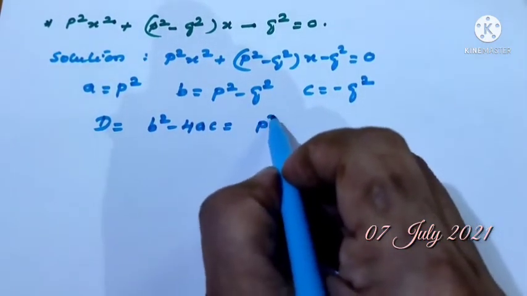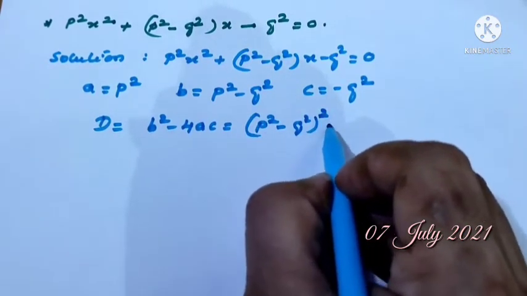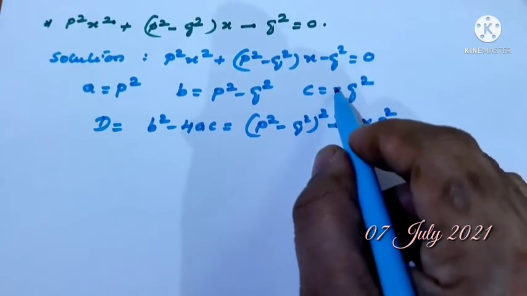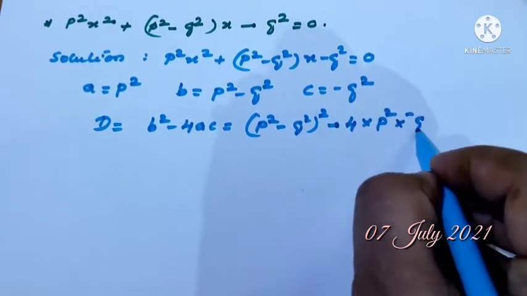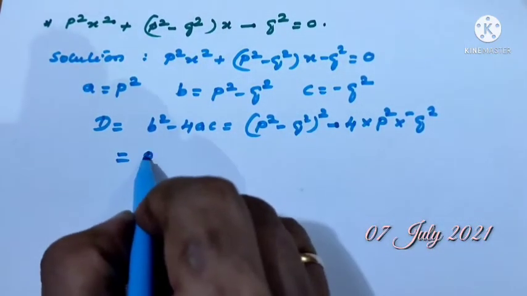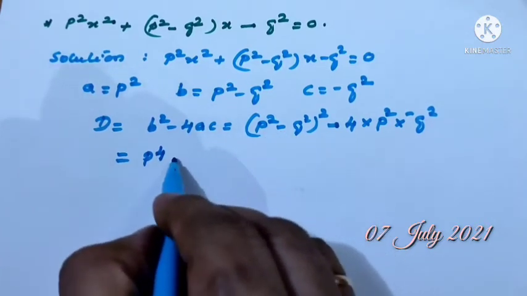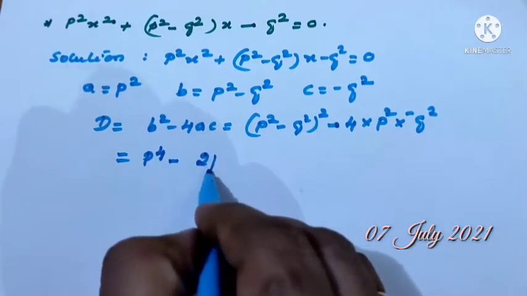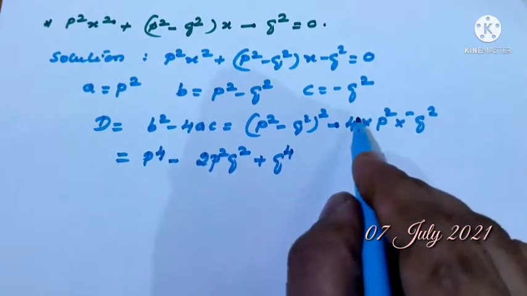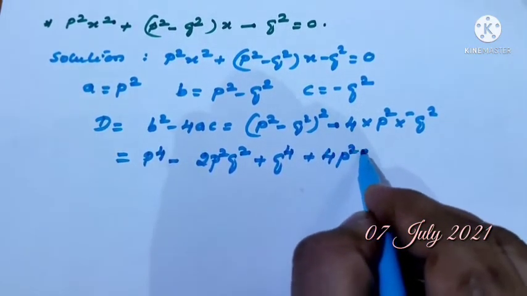So p square minus q square whole square only, minus 4 into ac. a means p square and c means minus q square. So we will write here (a minus b) whole square, it is p raised to 4 minus 2p square q square, middle term, plus q raised to 4. Now here I will write minus into minus plus, plus 4p square q square.